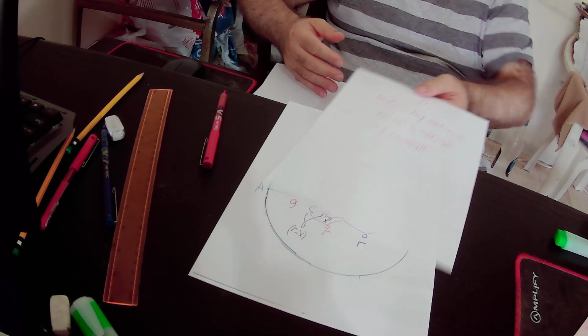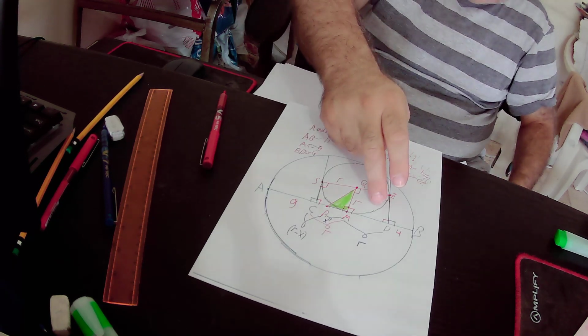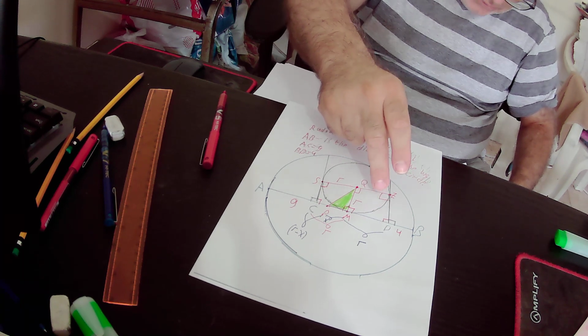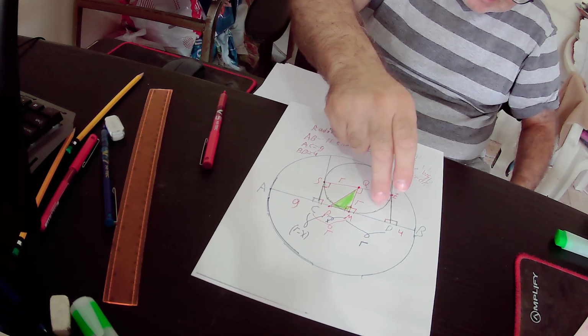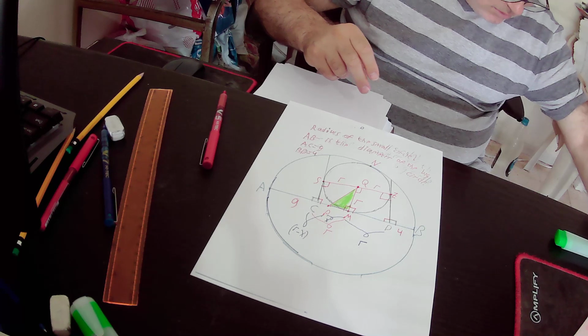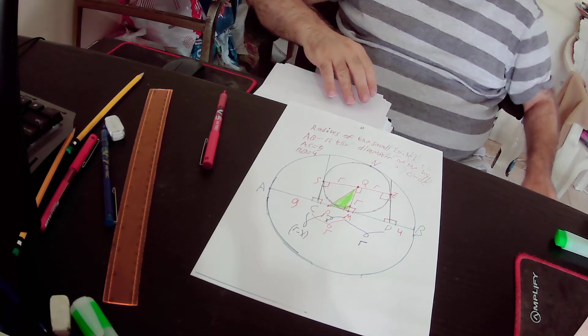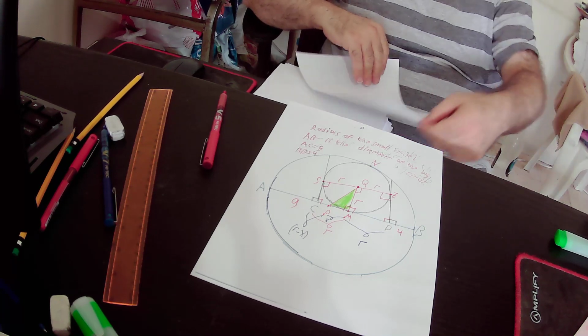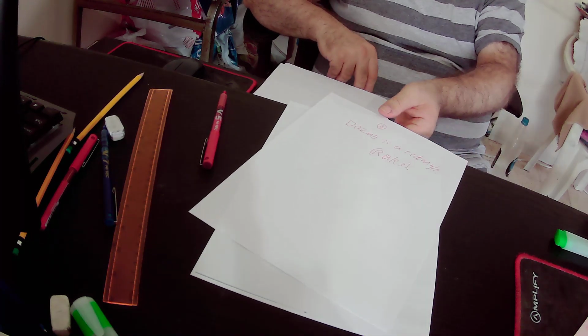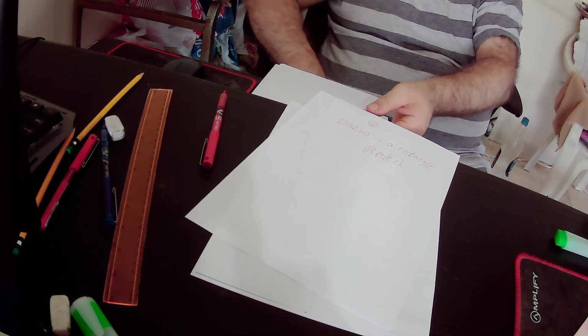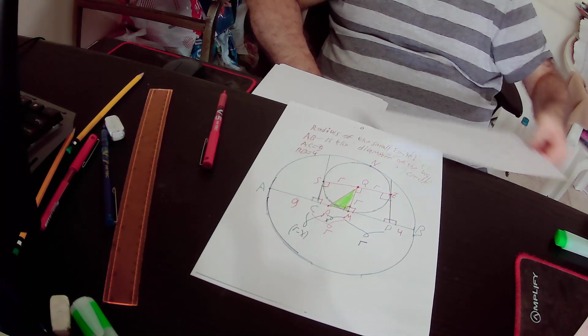So quadrilateral QZMD has 4 right angles, and therefore according to rule number 3 it is a rectangle.